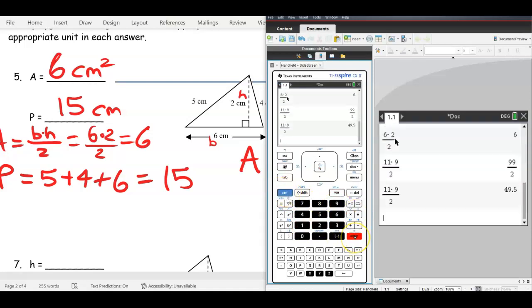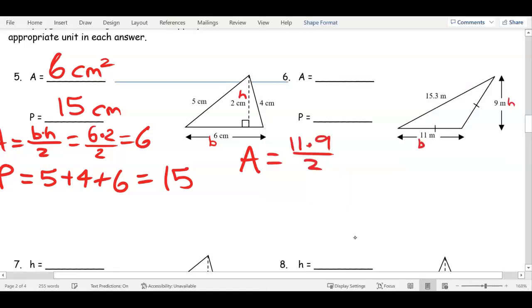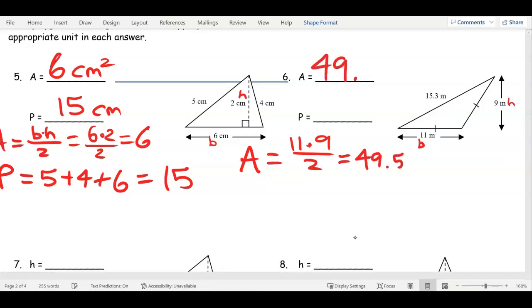Control Enter is 49.5. And what are my units of measure? Meters squared.